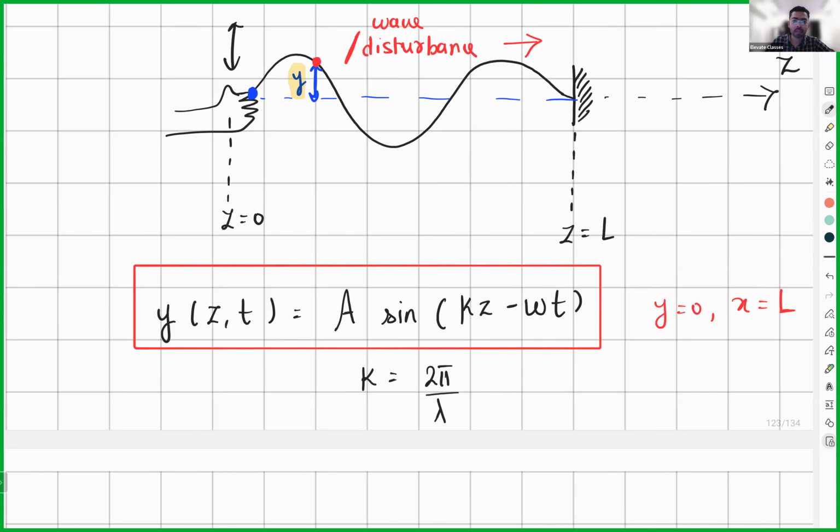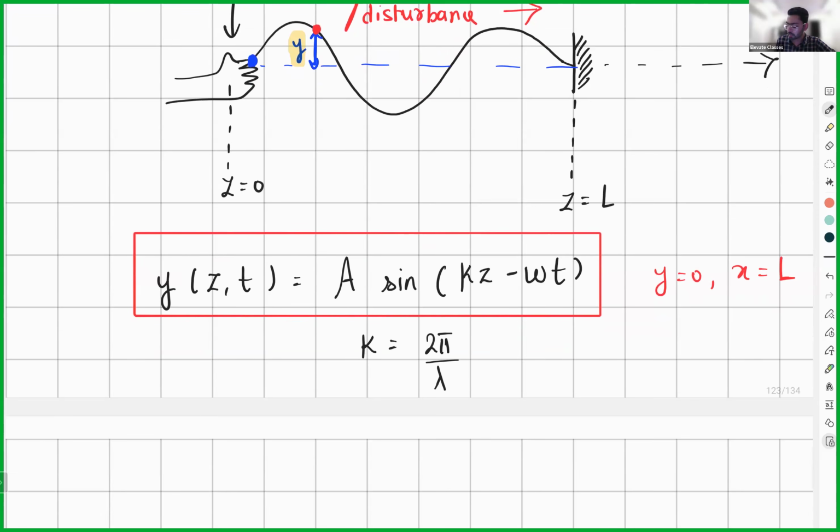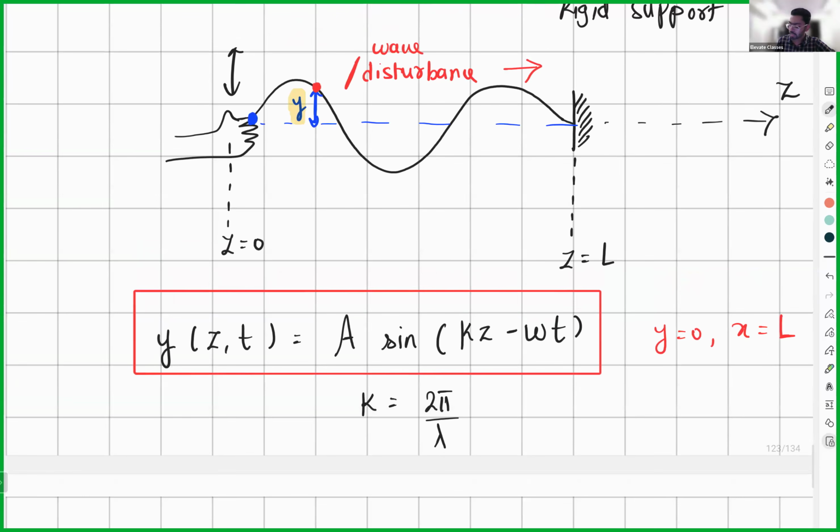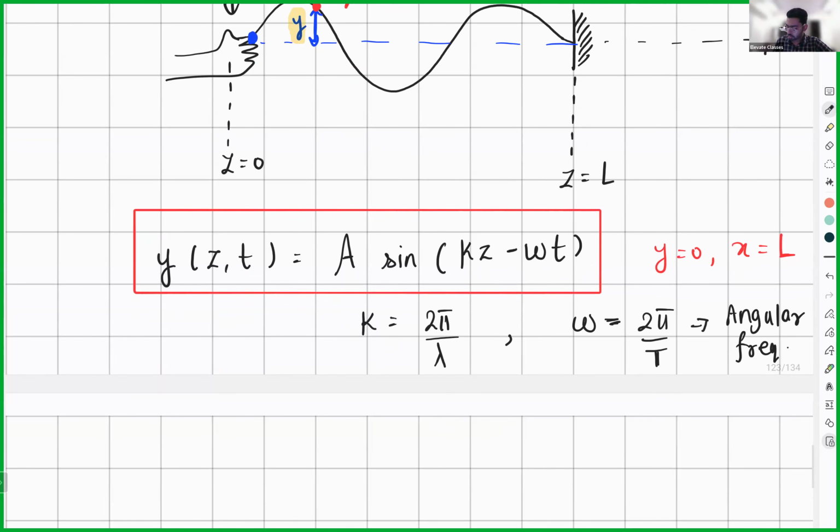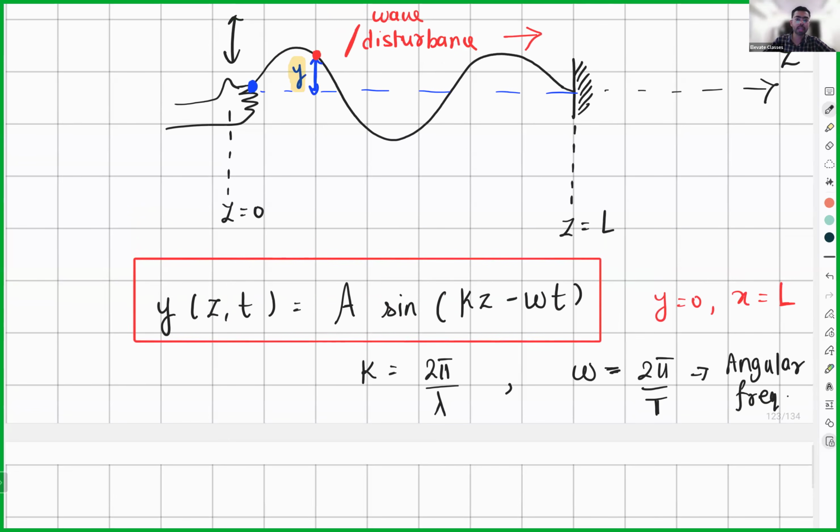K is also called the wave number, and lambda is the wavelength of the wave that is getting generated, and omega is the angular frequency of the wave. So this angular frequency tells you how fast the particles on the string are oscillating in the vertical direction.